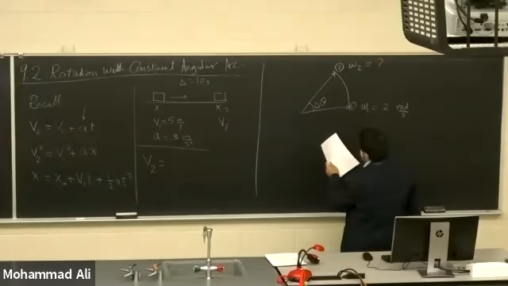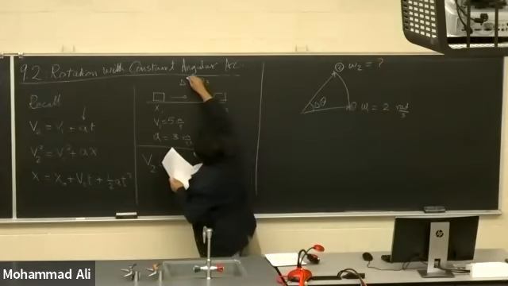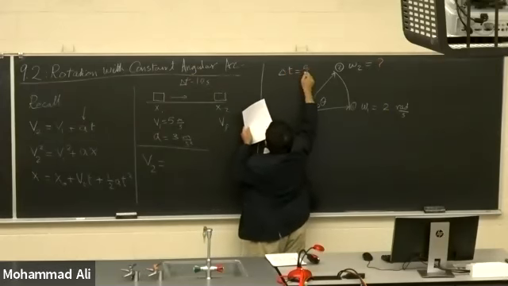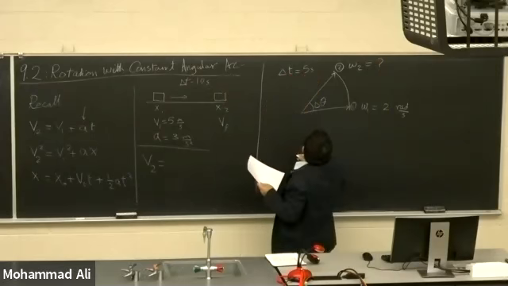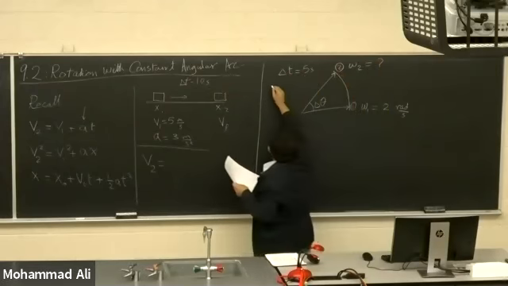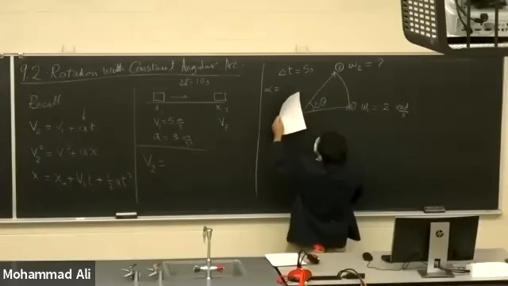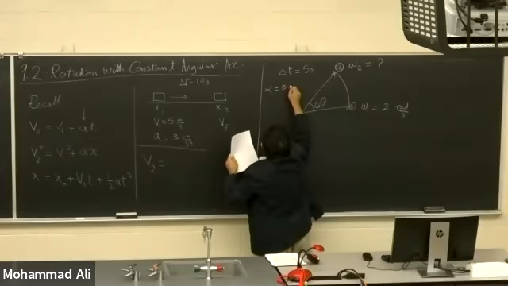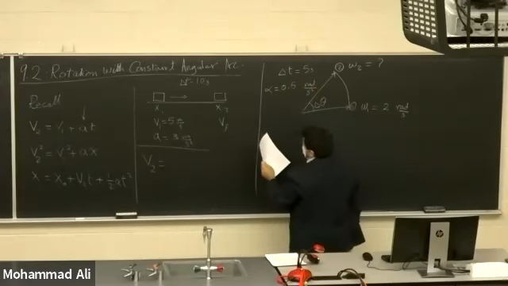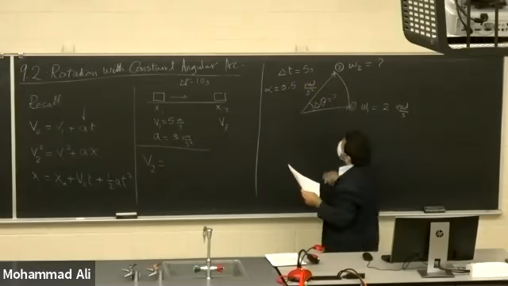We need to find it. In the time period delta t, the delta time here is 5 seconds. The acceleration, which is alpha, the angular acceleration, is equal to 0.5 radian per square second. We need to find delta theta and omega 2.